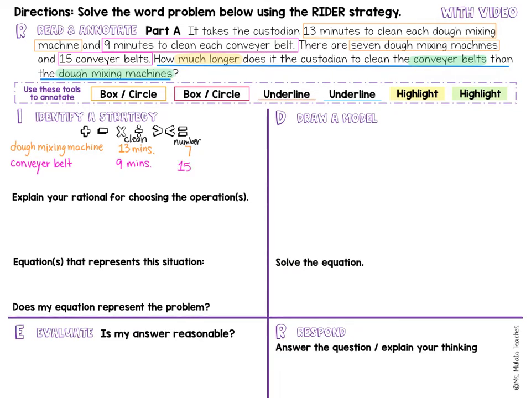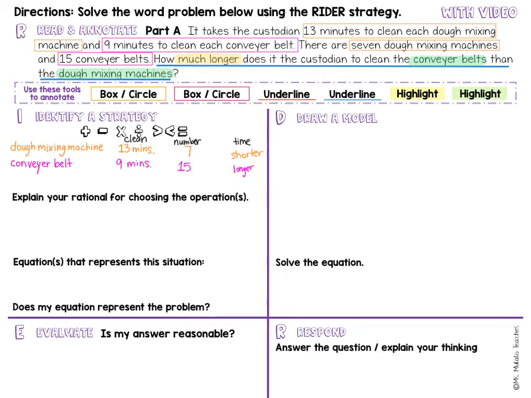Is there any other important information that we need to write down? How much longer does it take the custodian to clean the conveyor belts than the dough mixing machine? So we know that it takes a little bit longer to clean the conveyor belts, so I'm going to write that down, which means that the dough mixing machine has to take a shorter amount of time.